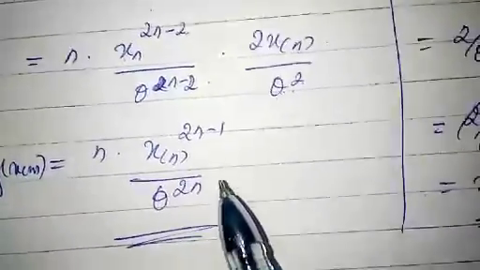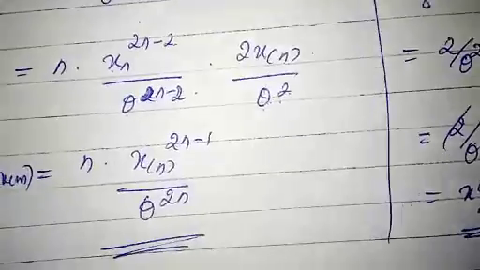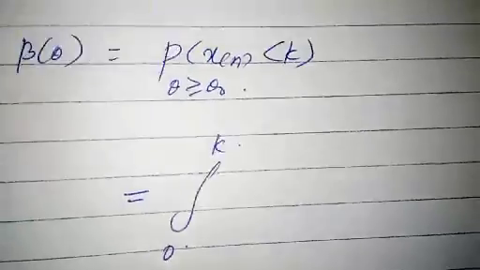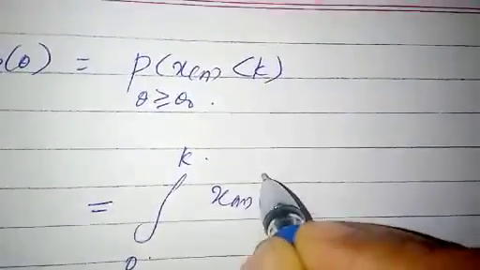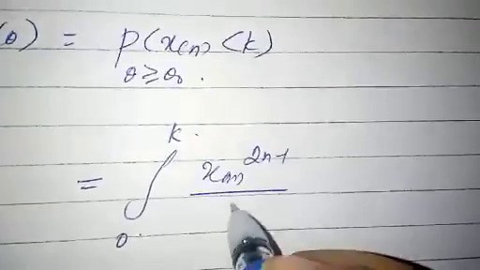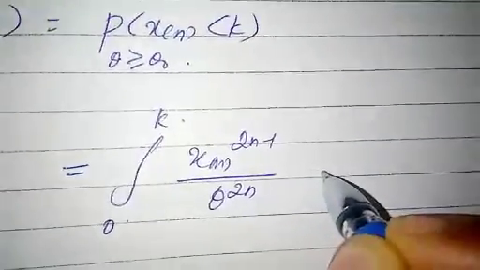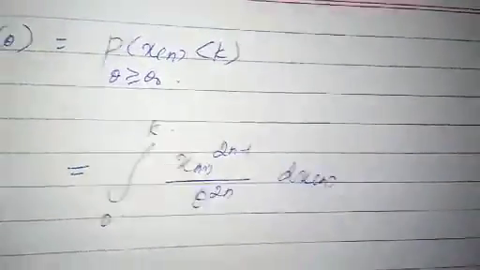The density is n into xn power 2n minus 1 divided by theta power 2n, right? So here we can write xn power 2n minus 1 divided by theta power 2n dxn, right? Similar to the last problem.